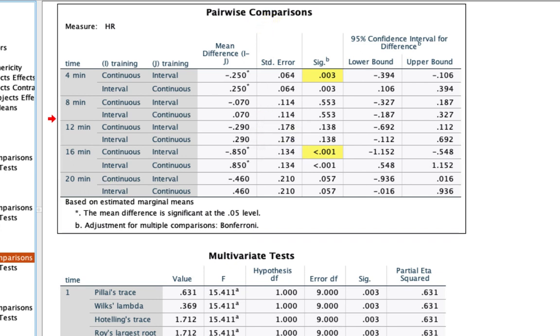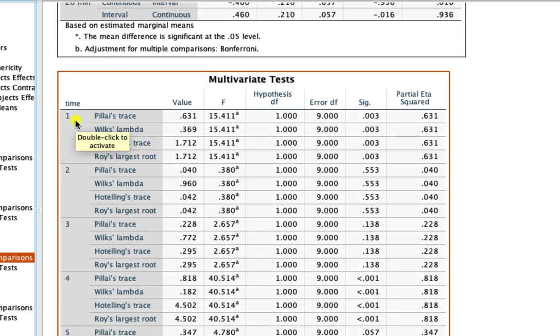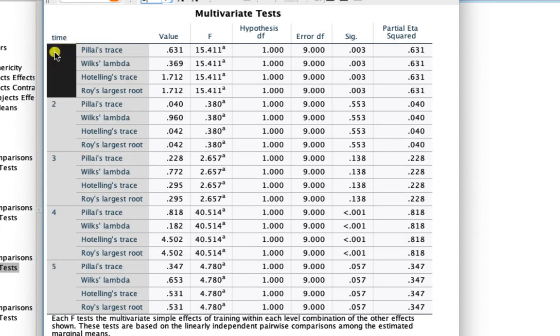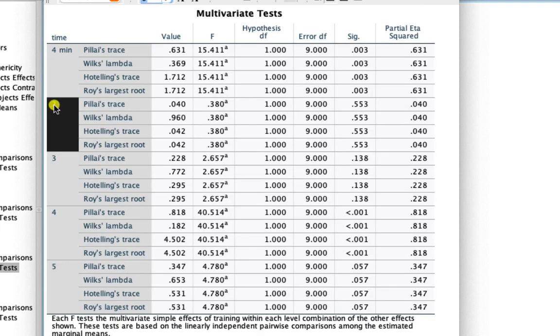So I skipped to number 3 in my output for the interaction between training and time, where we were looking at the differences between our training programs within our time points. So again, in the multivariate test, you'll probably have to change the time points for everything to make sense, unless you feel comfortable using the number labels that automatically get put in the output.